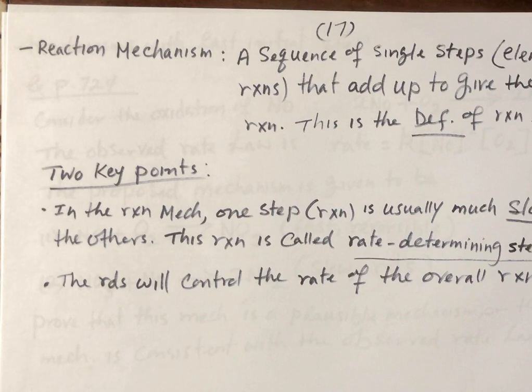Now, there are two key points related to reaction mechanism. First, the single steps that we are calling elementary reactions have different rates. In other words, some of them are faster than the others, some are slower. The reason we have to know this is that the one that takes place at a much slower rate is called the rate determining step, RDS.